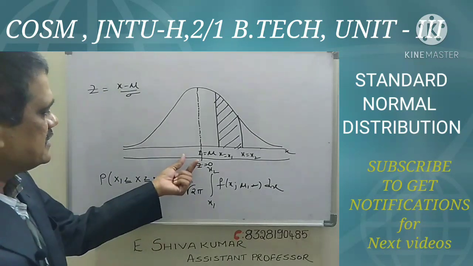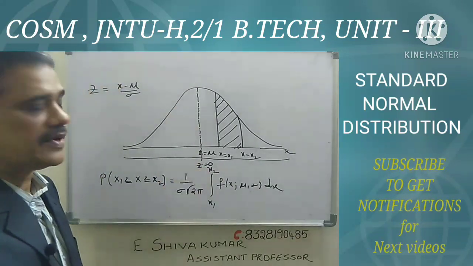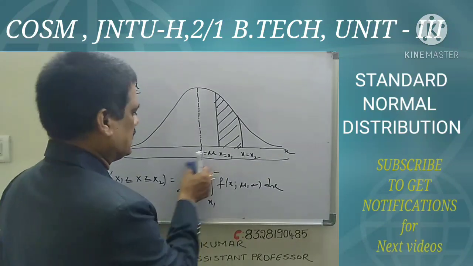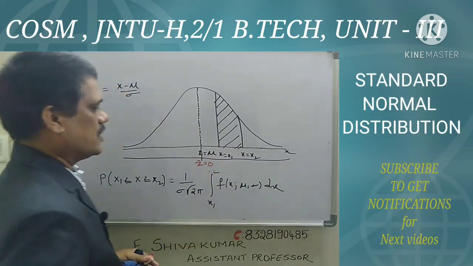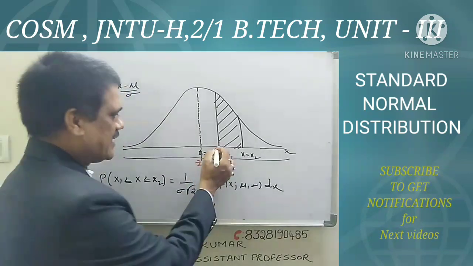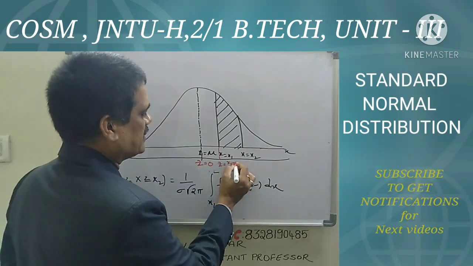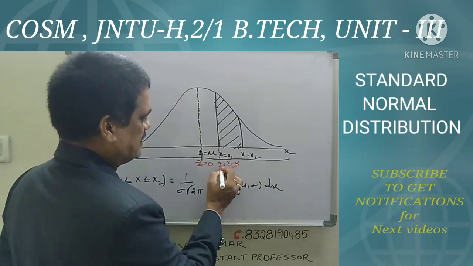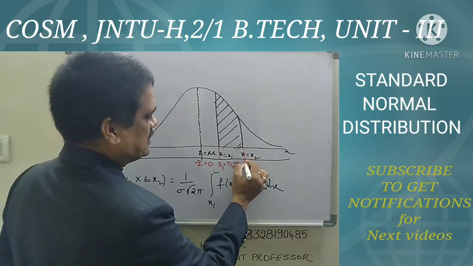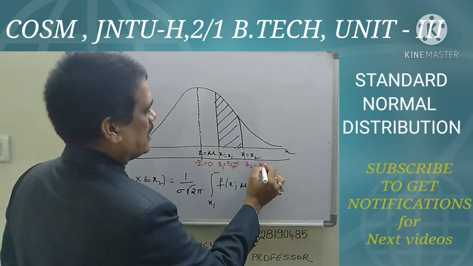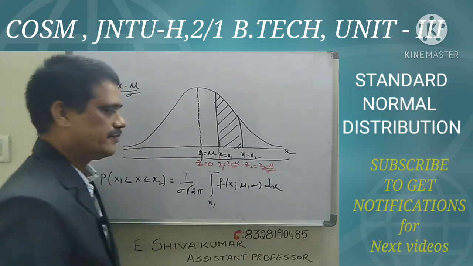So the standard normal variate you will get like this, with z equals 0 here. Then z1 equals x1 minus mu divided by sigma, and z2 equals x2 minus mu divided by sigma.